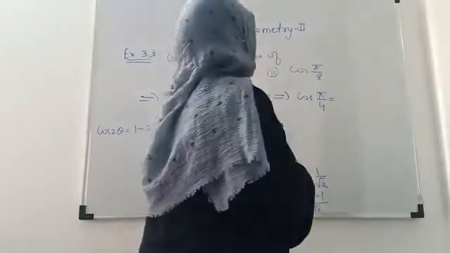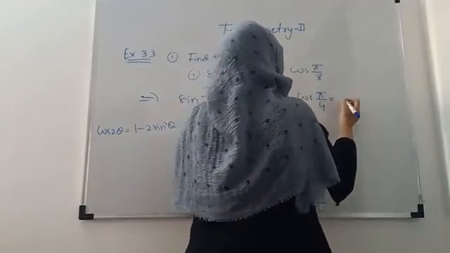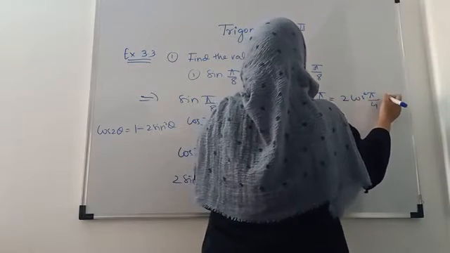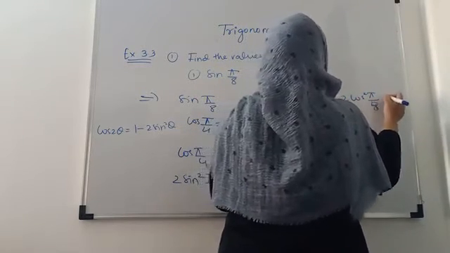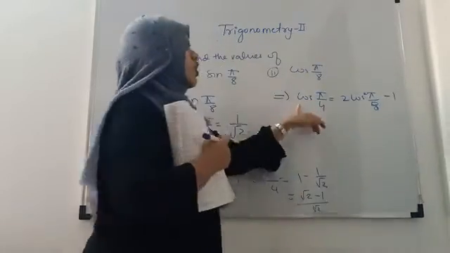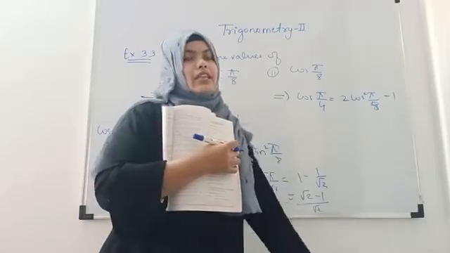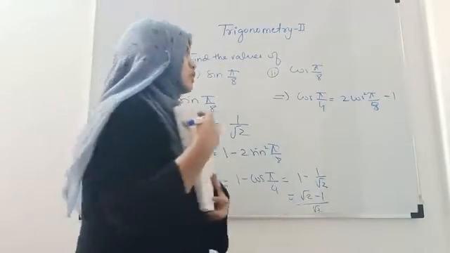Now here we will use the formula in terms of cos. So the formula is 2 cos square pi upon 8 minus 1, for cos pi upon 4. Cos 2 theta is 2 cos square theta minus 1. That formula we have used here.